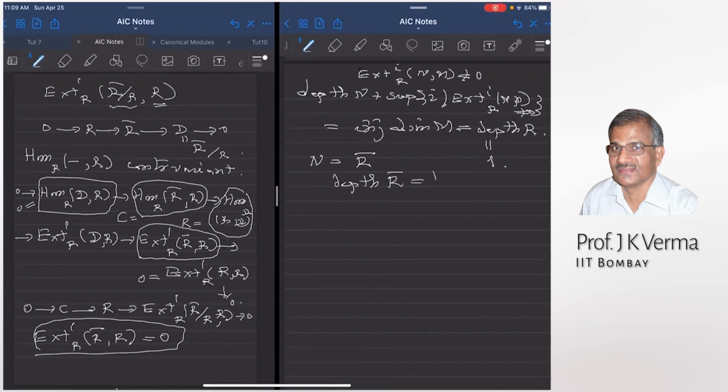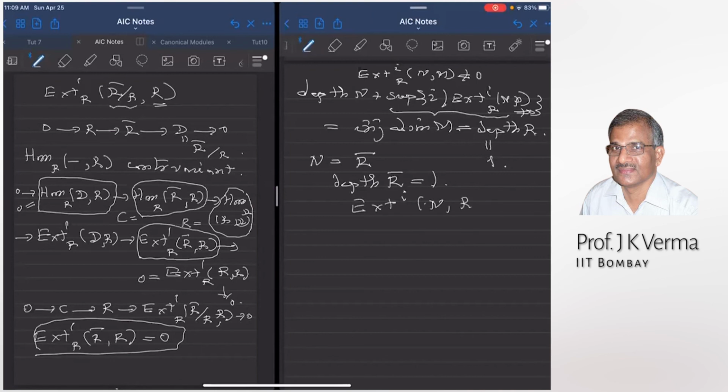Yes, R is a one-dimensional Cohen-Macaulay domain. R bar is also a one-dimensional Cohen-Macaulay module over R. It is finitely generated. So its depth is 1. So that means this supremum is 0. That means beyond 0, all the Ext^i modules vanish.